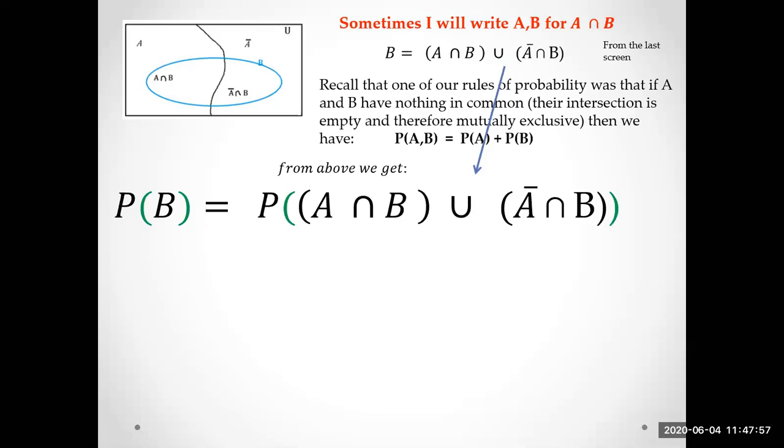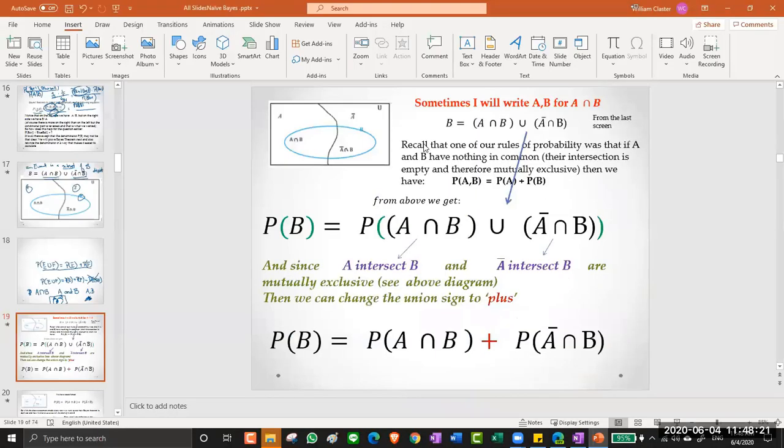Uh-oh, wait, now I made a mistake. Terrible. I forgot to correct this slide and I made a mistake. Forget about this. This is wrong. Sorry. Can anybody catch what I did wrong here? It's supposed to be union, not and.